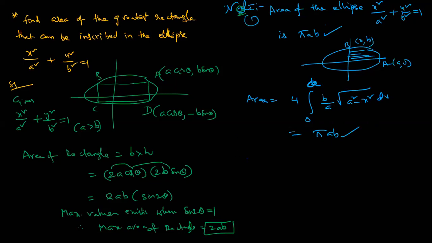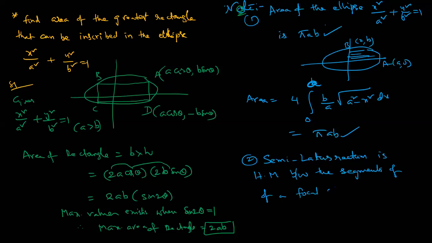Please write this point. The semi-latus rectum is the harmonic mean between the segments of a focal chord.